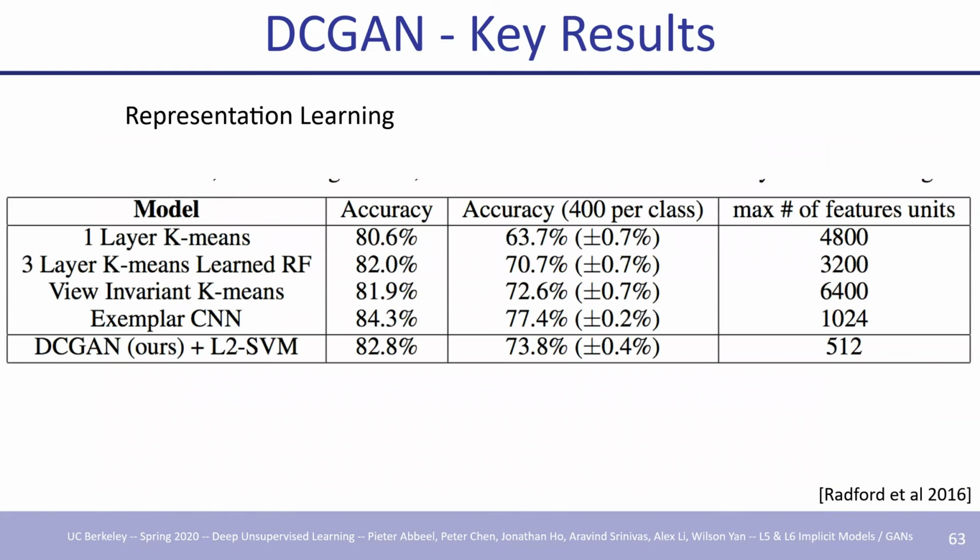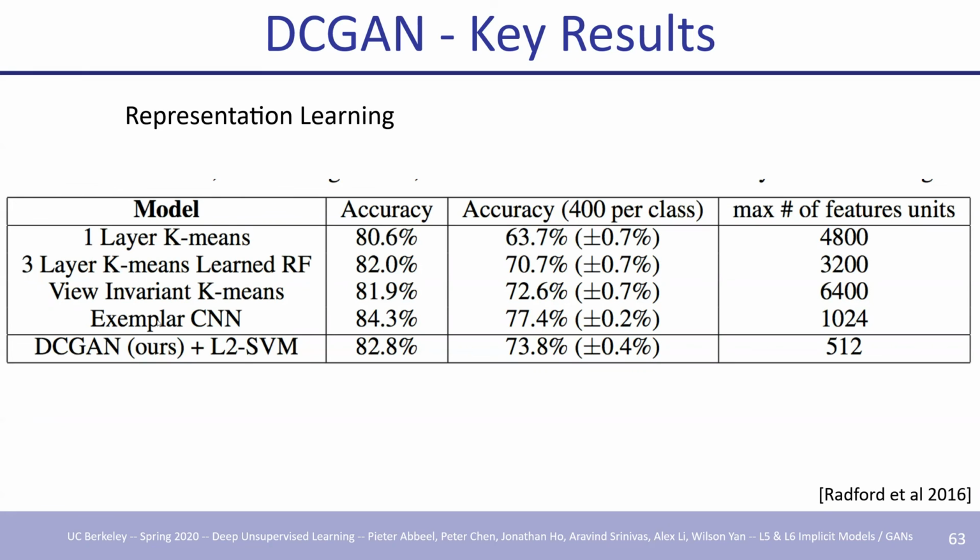And yeah, this is a side note on representation learning. They added a classification node to the end of the DCGAN, and then I think just retrained the last classification node while holding the weights frozen. And it performed pretty well compared with the models that were there.